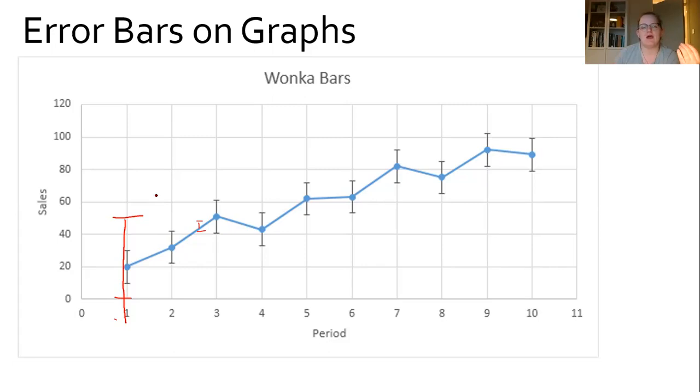Basically, error bars mark our highest result for that reading, and then our lowest result, and then we have our average in the middle, and it shows us everything in between. So the bigger the error bar, the bigger the amount of errors that have taken place. We've got a bigger range of results, which means we've been less precise. The smaller the error bar, the more precision has taken place.